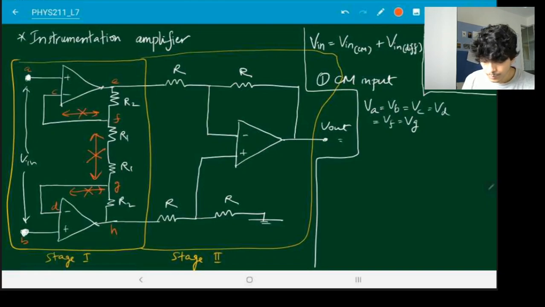Now if you look at the point F, there is no current on the lower branch, there is no current on the side branch. So by Kirchhoff's current law, there also cannot be any current along this branch. So if there is no current over there, then potential at E is the same as F, and similarly potential at G is the same as H.